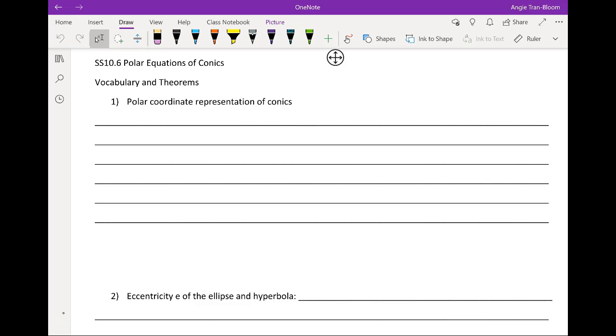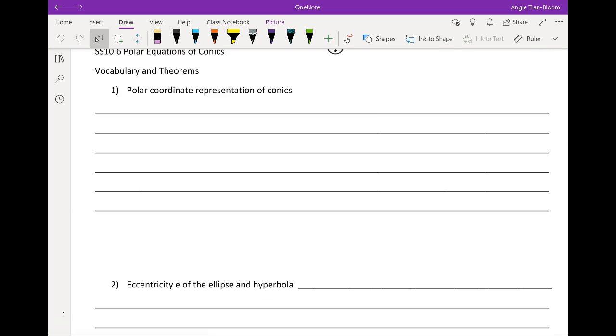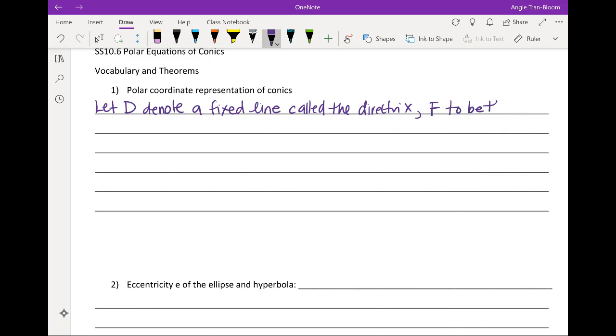Okay. Here we go. We have 2 total vocab, and that's it. Not too bad. Let D denote a fixed line, called the directrix. And then we're going to use big capital F to be the focus.